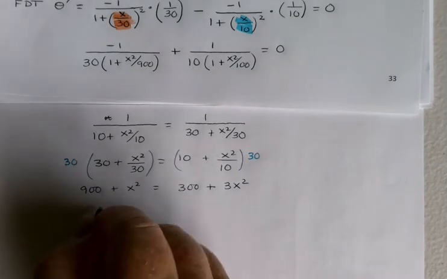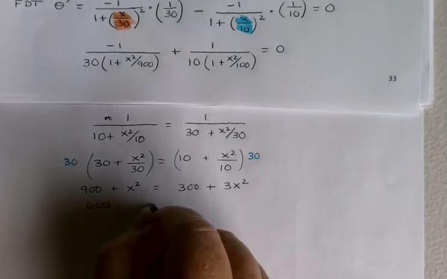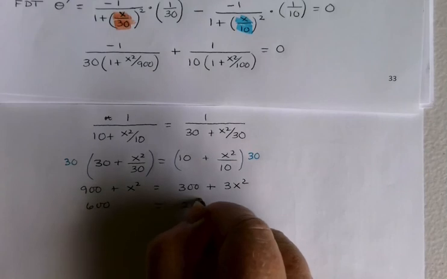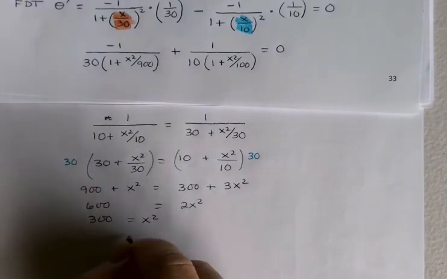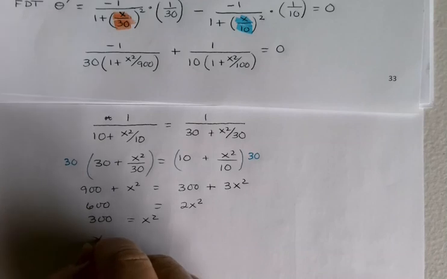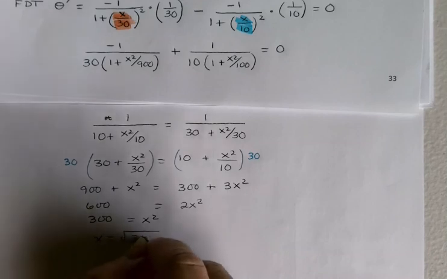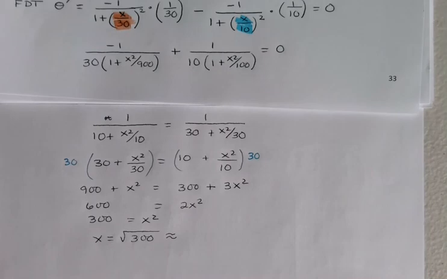So if I subtract the 300, I'll get 600 equals 2x squared. X squared is 300, and x would be the square root of 300, or approximately 17.3. Okay.